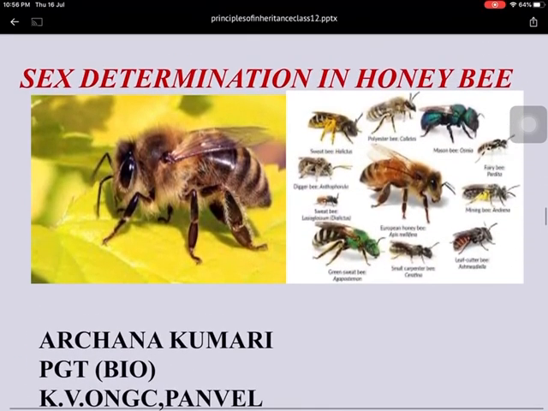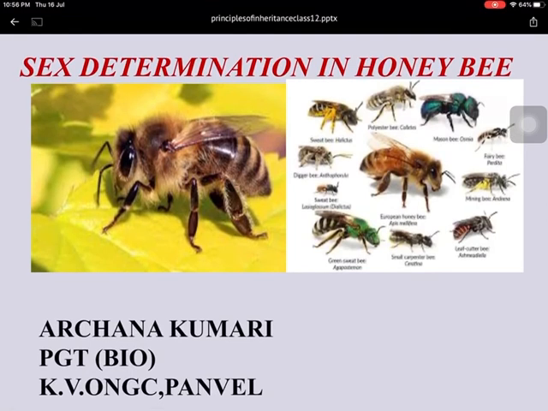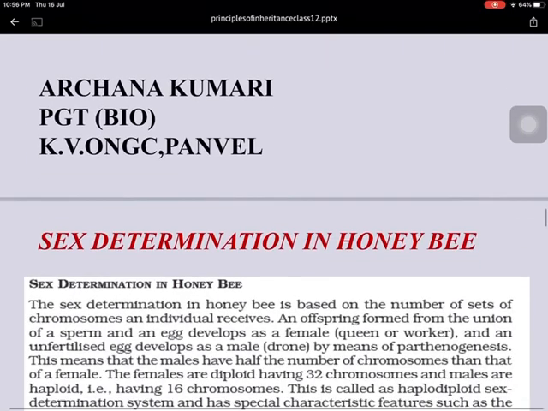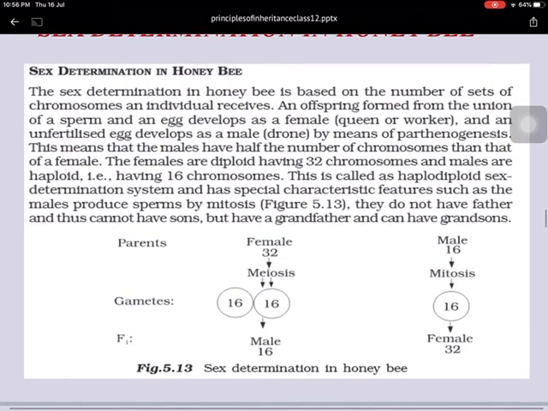Now this is a very important question for the CBSE exam. Sex determination in honeybee. How can we find out the sex of the honeybee? It is very important that in honeybee there are 16 pairs of chromosomes.